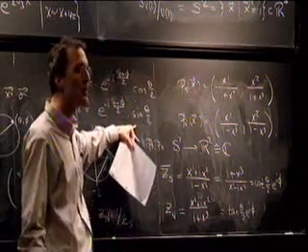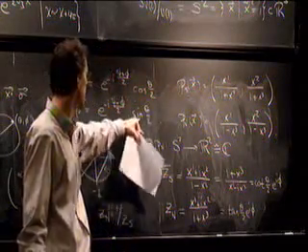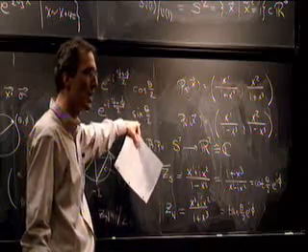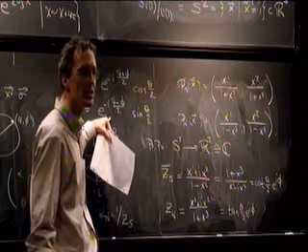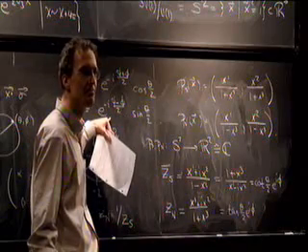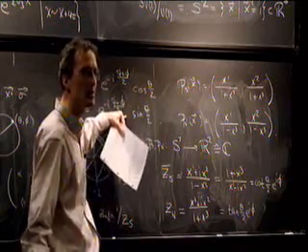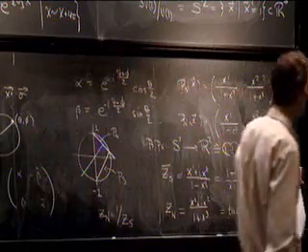I can't unambiguously extract this one, because if theta equals 0, the sine is 0, and this phase becomes ambiguous. I just don't know what it is. If a complex number is 0, you just don't know its phase.